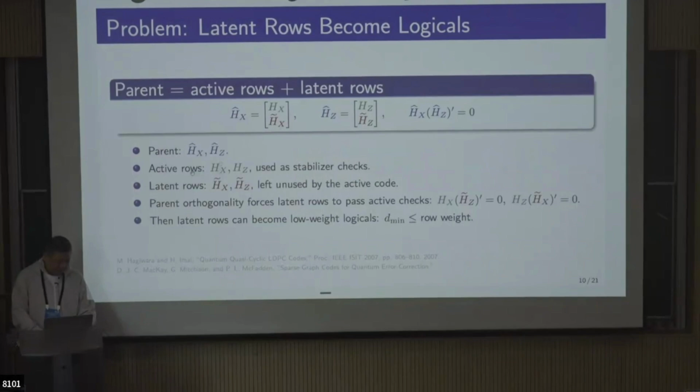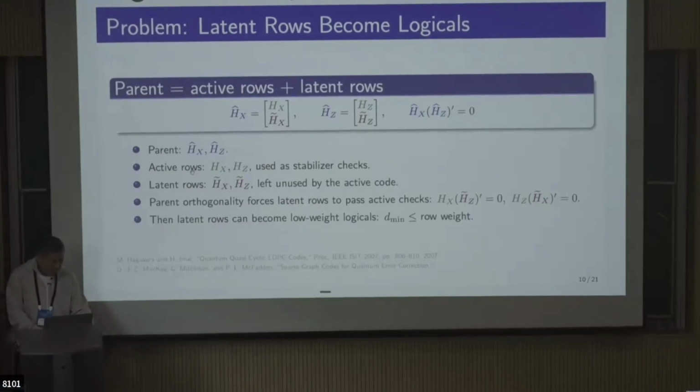So if they are not active stabilizers, they can become non-trivial logical operators. Their weight is controlled by the row weight, so the minimum distance can be small because we are using LDPC codes.